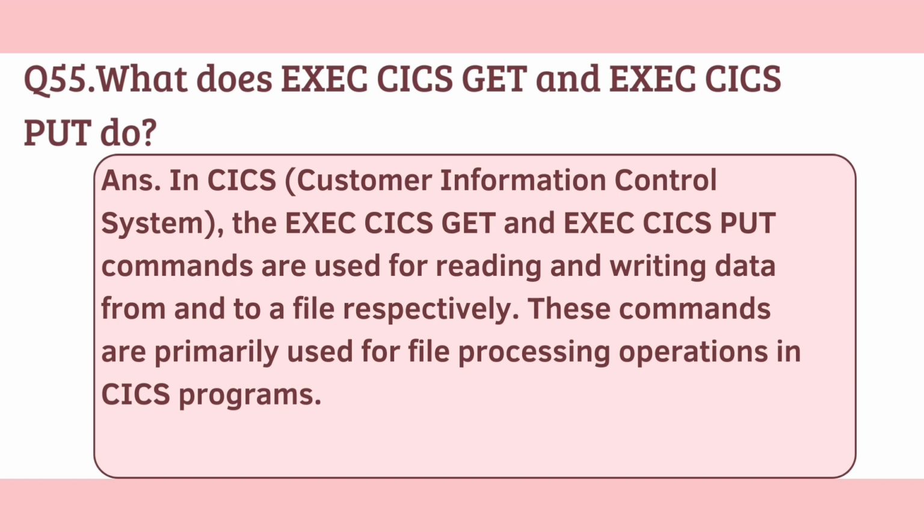Moving to question number 55. What do EXEC CICS GET and EXEC CICS PUT do? In CICS, the get and put commands are used for reading and writing data from and to a file respectively. These commands are primarily used for file processing operations in CICS programs.